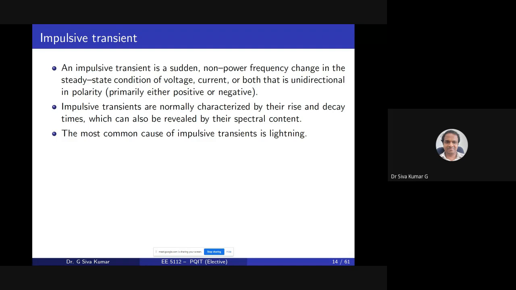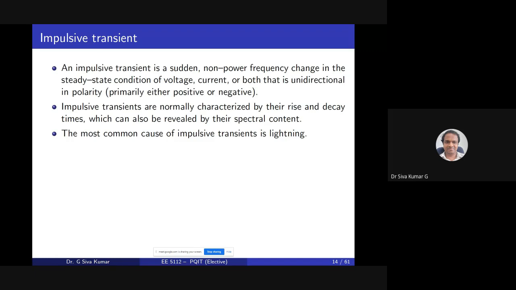The most common cause is the lightning phenomenon. We can suppress it by providing a surge arrestor, or a low impedance path to drop out the energy. Basically, surge arrestors are used to suppress impulsive transients.